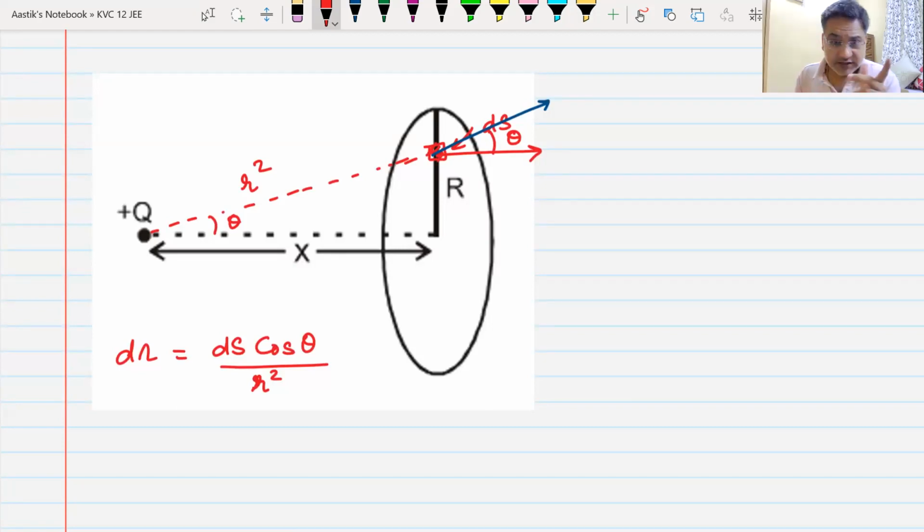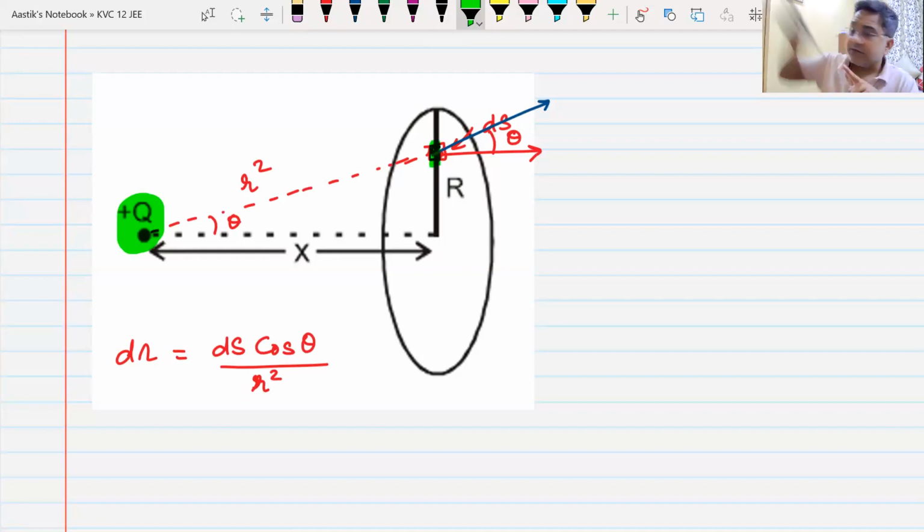Now, if I change the question and ask, what is the flux passing through this disk if a point charge q is placed? How will you do this question? You will draw the point charge here and a small area vector here. This line makes an angle theta with the area vector.